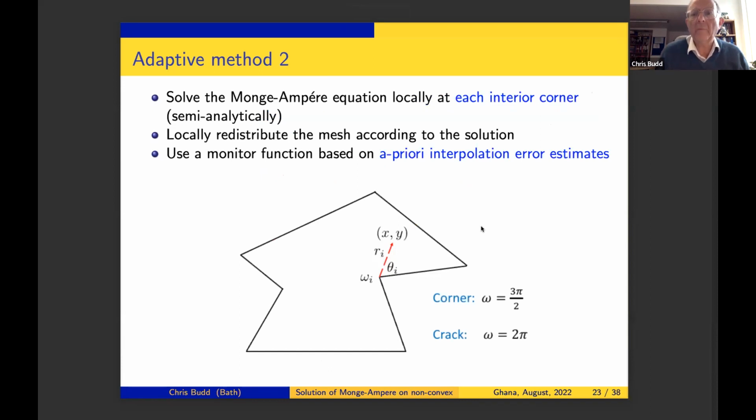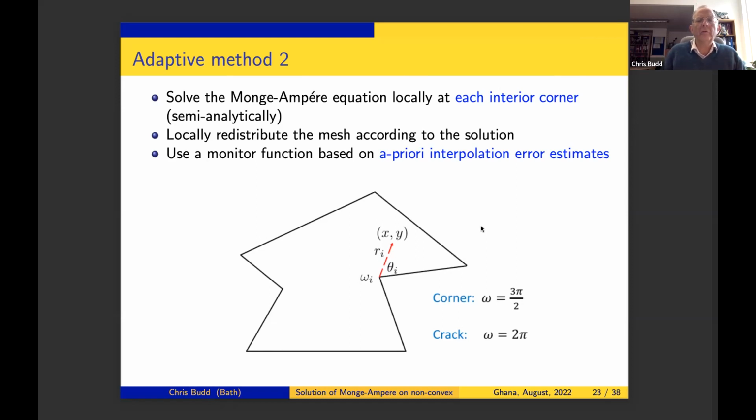Let's have a look at how we might adapt a mesh using the kind of ideas that we've put forward earlier. We've shown that a good way to construct a mesh is to solve a Monge-Ampere equation. In the context of the problem we're interested in, the main area where we want an adaptive mesh is close to the corner, so we may not have to solve the Monge-Ampere equation everywhere.